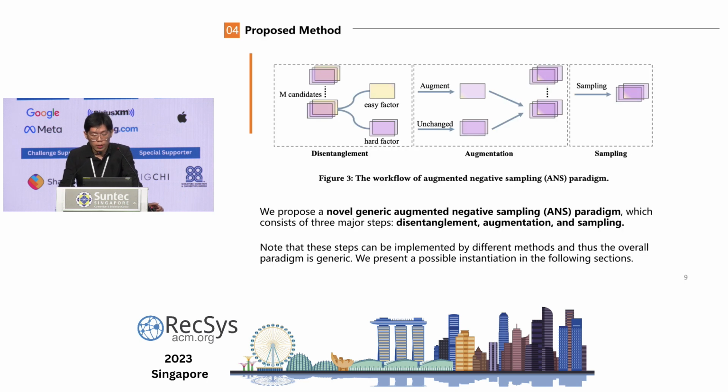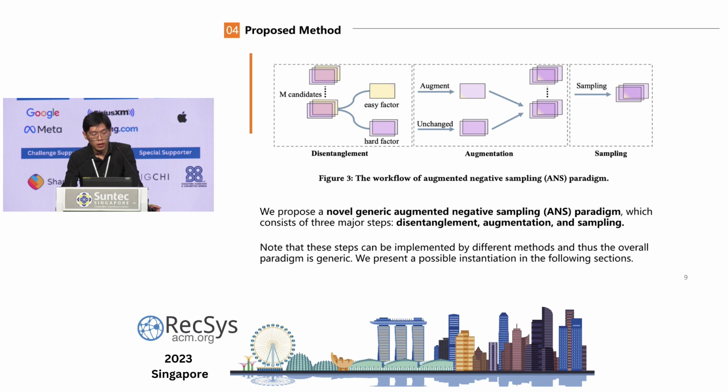Our response to these limitations is to introduce augmented negative samples that are more similar to positive ones, but will still be negative. We propose a novel generic augmented negative sampling paradigm. The paradigm has three major steps: disentanglement, augmentation, and sampling. The disentanglement step learns the item hard and easy factors from a fine-grained perspective. You can see we divide the original embedding into an easy factor and a hard factor.